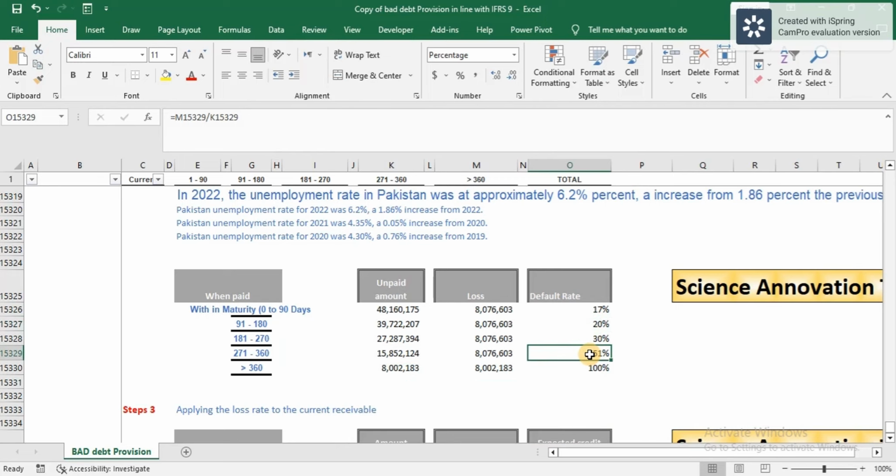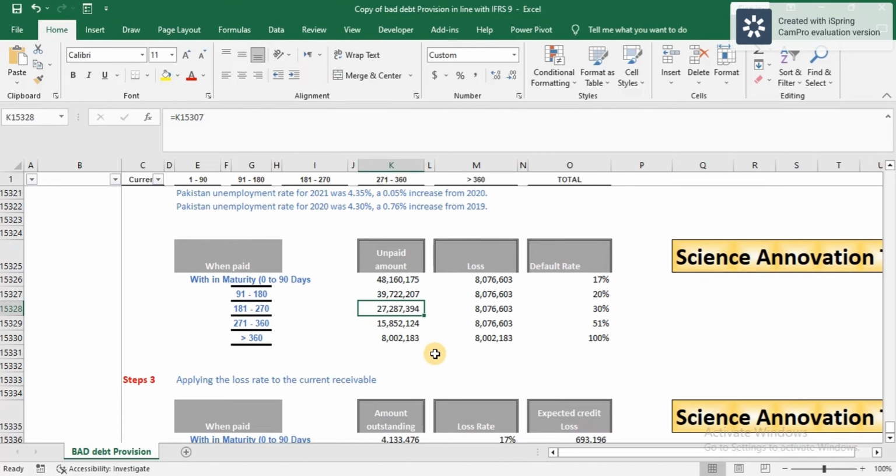This is quite high for this company because this company initially did not properly create provisions for their bad debts. This is actually 5 years of data receivable contributing in this company's receivable. That's why it's too high. If your company is creating the provision every year, it will not be like that.